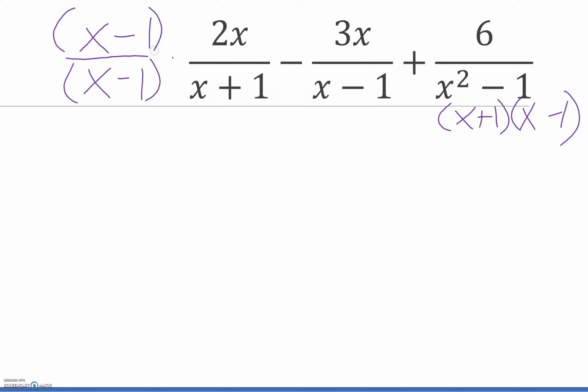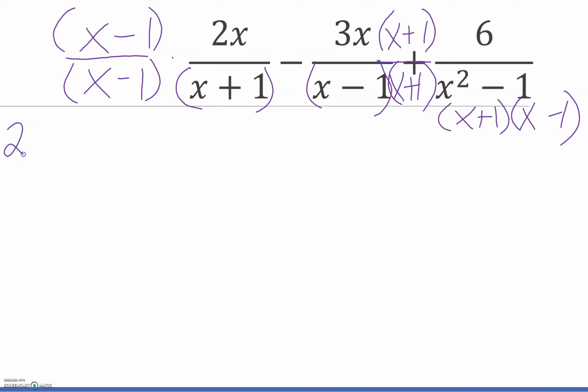The middle one here, the 3x over x minus 1, it has the x minus 1. It's missing x plus 1, so I'm going to squeeze that in here. It's going to get multiplied by x plus 1 over x plus 1. Just add some parentheses in there. So my common denominator would be x plus 1 times the quantity x minus 1.